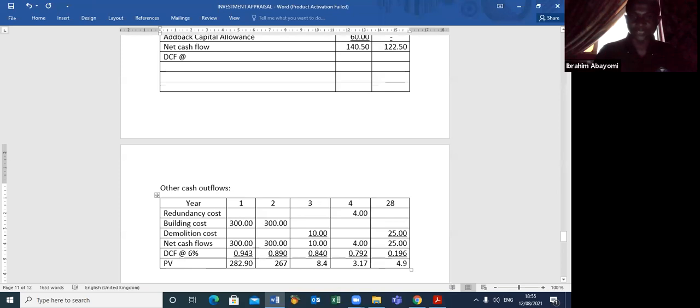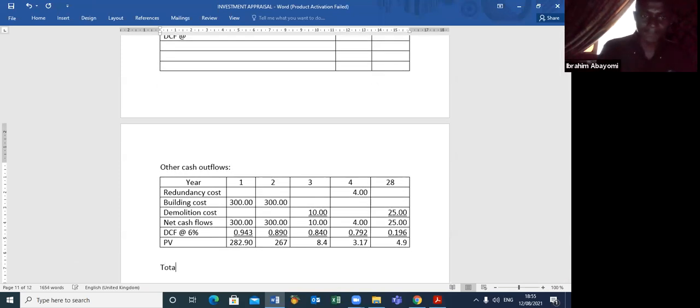So you come and put it here. The total PV of other cash outflow will be equal to, don't forget they are outflows, and anything outflow is negative.